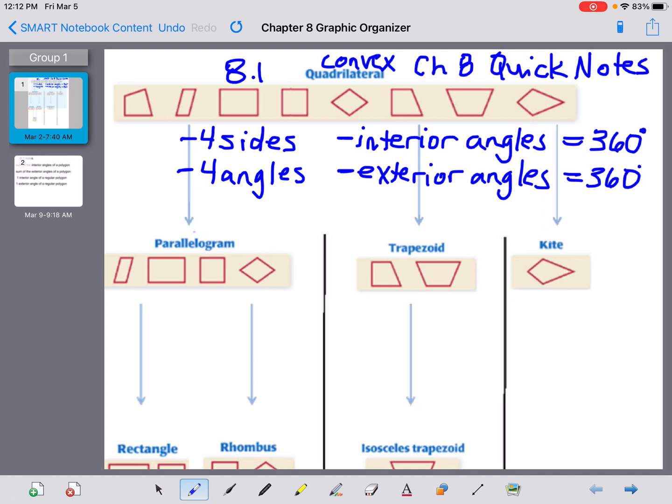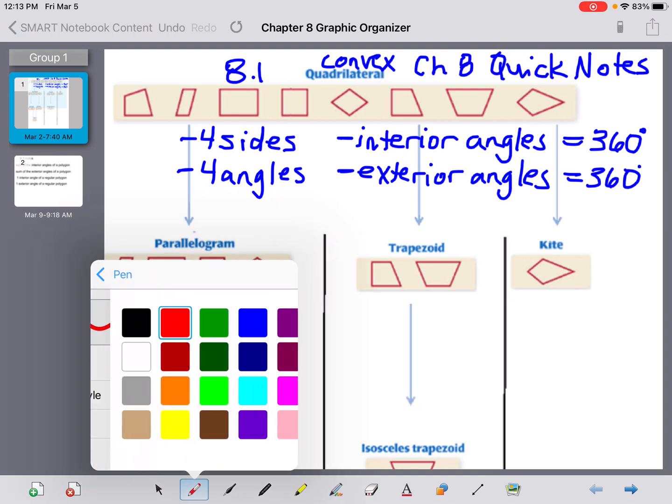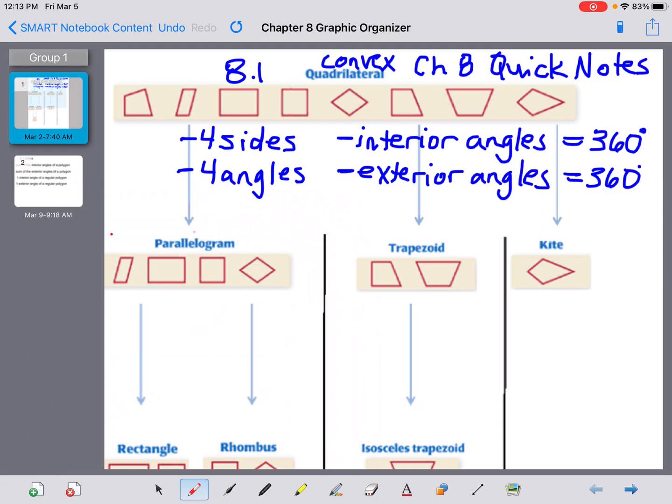But then we started dividing into different sections. In 8.2 and 8.3, we talked about parallelograms. And there are 5 distinct properties for every parallelogram.